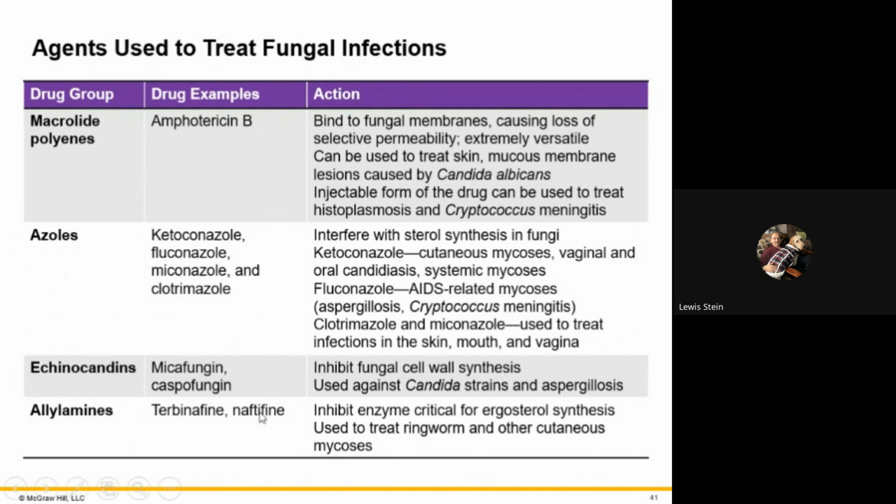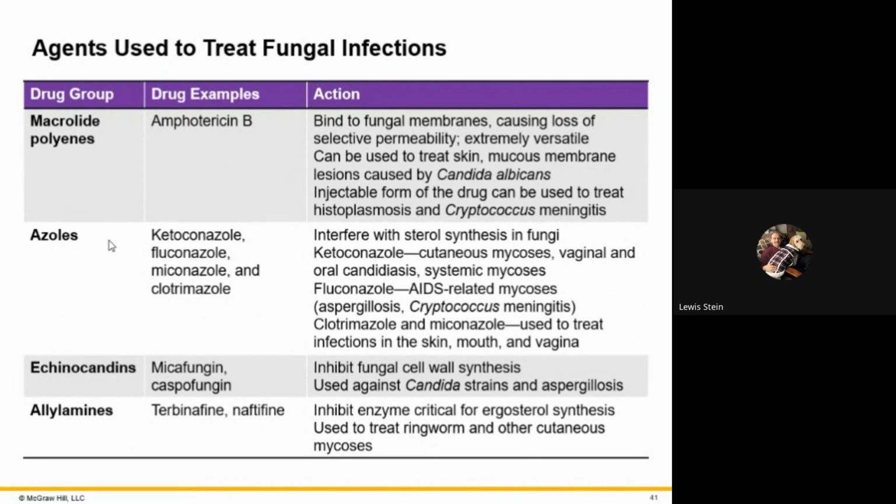Thankfully, there were other categories. They came up next with this category called the azoles. The whole ball game: because they're eukaryotic cells, what fungi have in common with us is the cell membrane. Our cell membranes, all animal cell membranes, are stabilized by cholesterol.